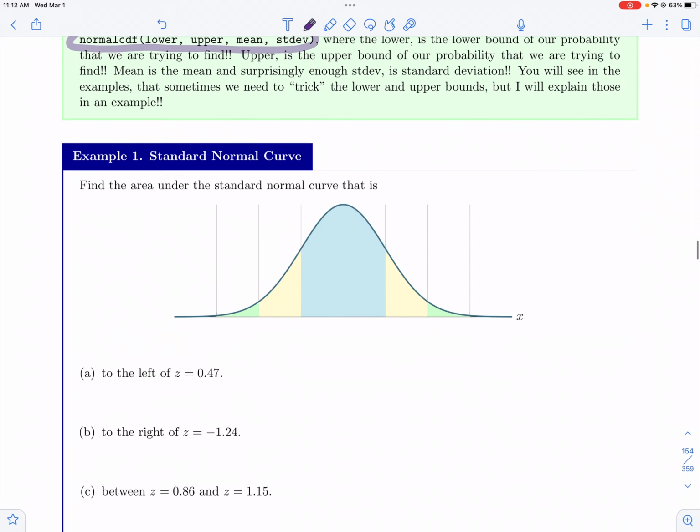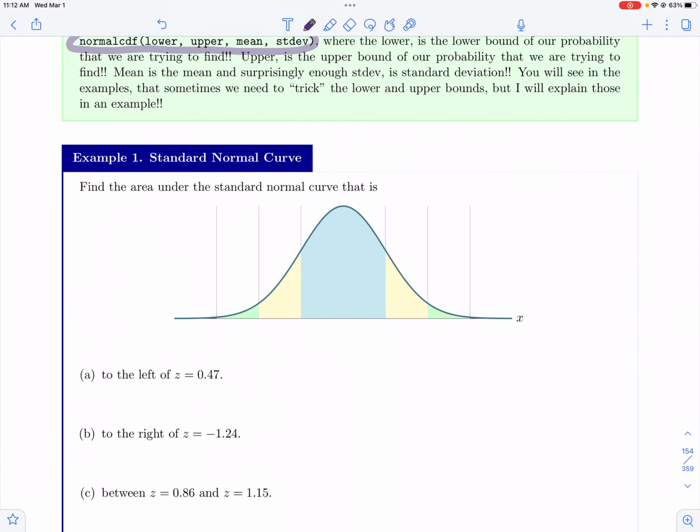All right, so we've got our little standard normal curve, and we want to find the area under the curve to the left of z equaling 0.47. So we're trying to find the value to the left. If we think about this in terms of an inequality, we're trying to find x is less than 0.47. And this is another nice thing: it doesn't matter whether we're looking for less than or equal to, or anything like that.